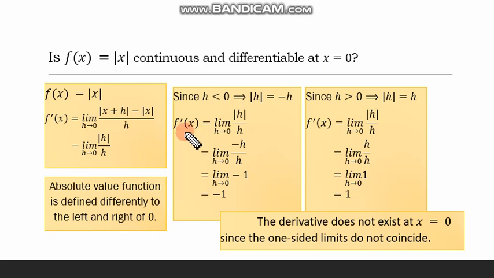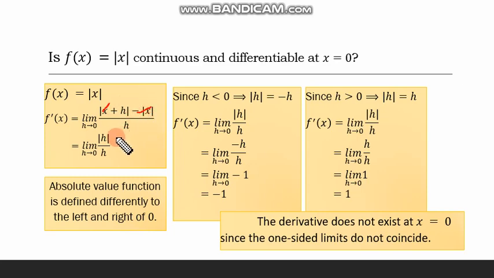Okay, let's get the derivative of the absolute value function. So the function here is absolute value of x, so f prime of x is equal to the limit of the absolute value of x plus h minus the absolute value of x, all over h. So absolute value of x minus the absolute value of x is 0.